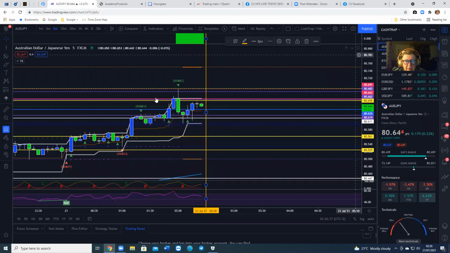So you can always look at that as well, but your currency strength meter should tell you everything you need to know. So 644 price is coming back for us on this retrace.